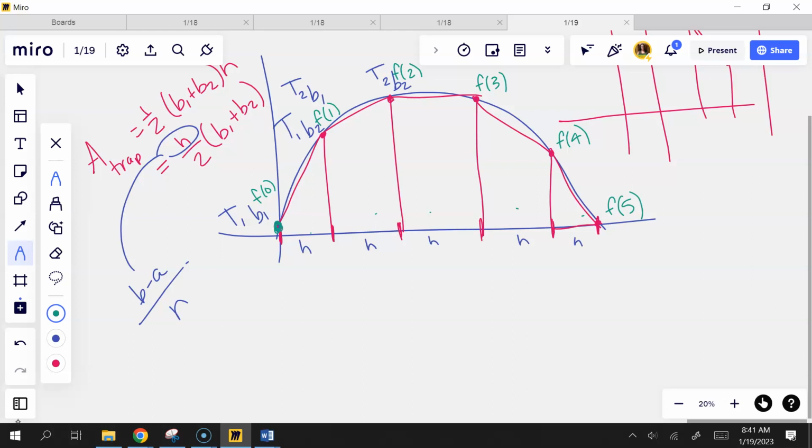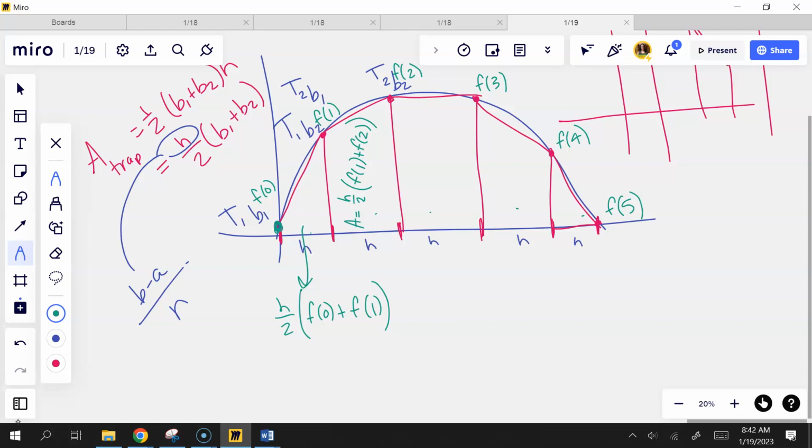The area of this trapezoid is h over 2 times f of 0 plus f of 1. Area of this trapezoid, h over 2 times f of 1 plus f of 2, right? Am I way overcomplicating this? I feel like I am.